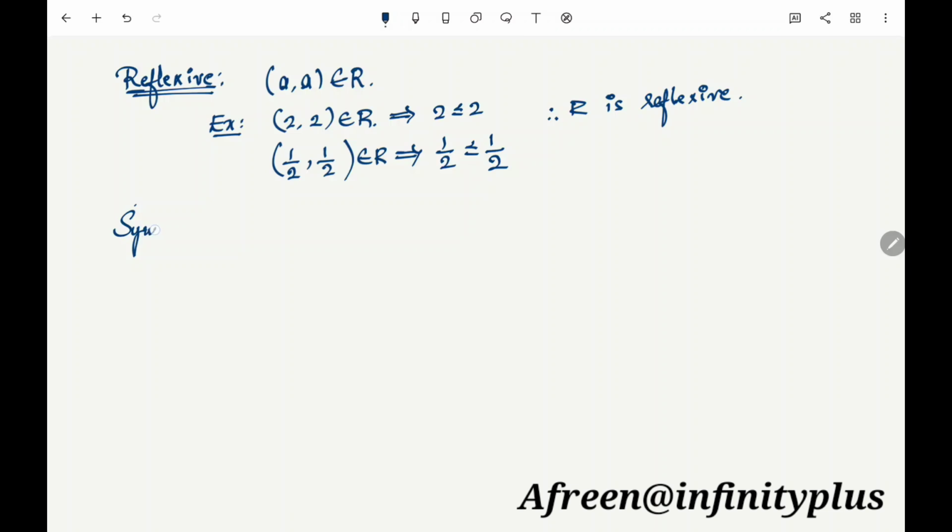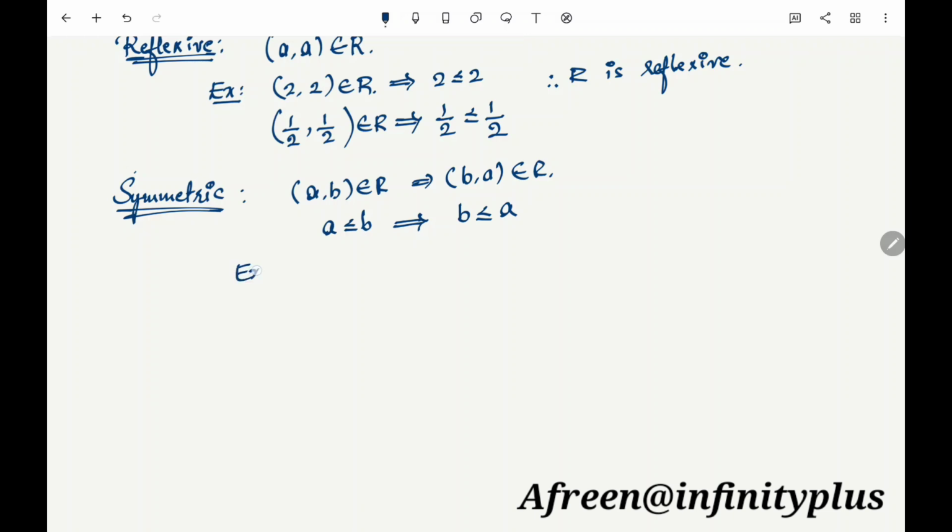You people are well aware of the symmetric condition: if you take (A, B) belongs to R, you have to show that (B, A) also belongs to R. So (A, B) belongs to R means A is less than or equal to B from the relation which they have given, and we have to show that B is also less than or equal to A. You can take any example.